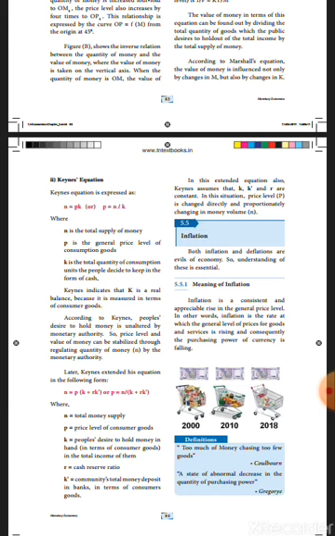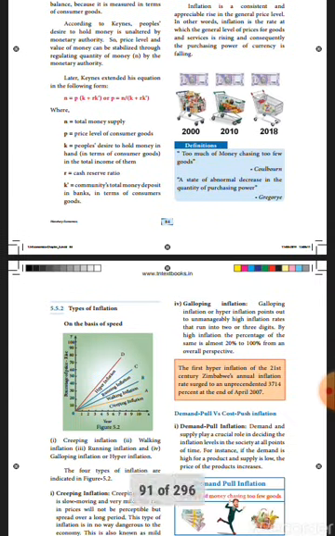Four types of inflation: creeping, walking, running, and galloping or hyperinflation.